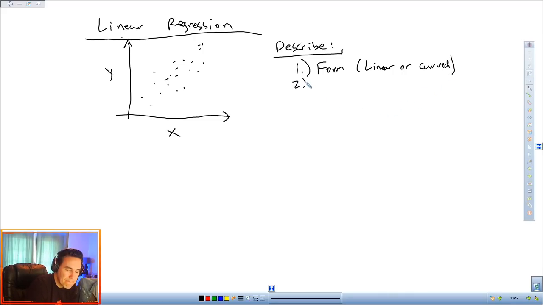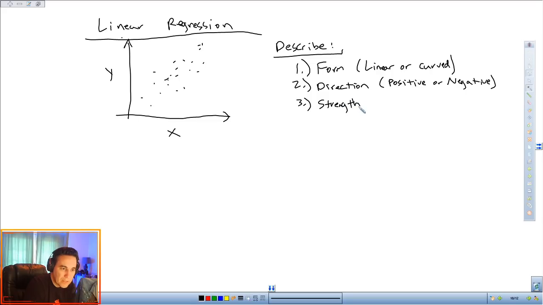Second thing, direction. Is it positive or negative? Okay. Third thing, we got form, we got direction, and strength. It's been a long time, you guys. I'm just making this stuff up.